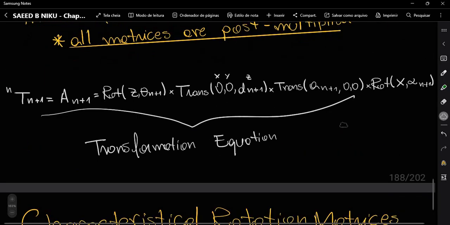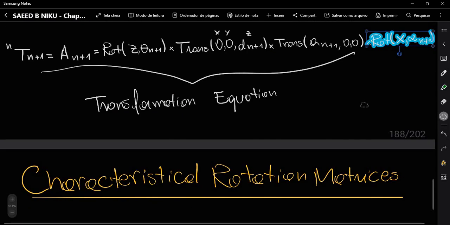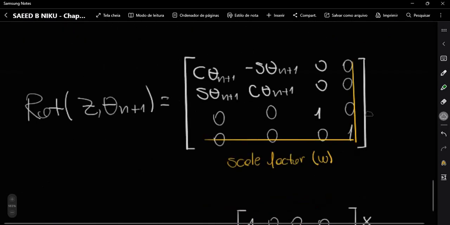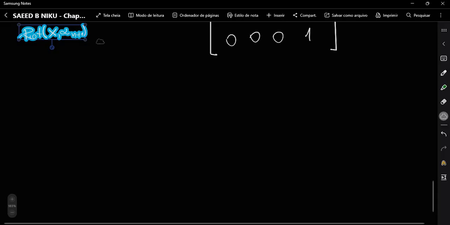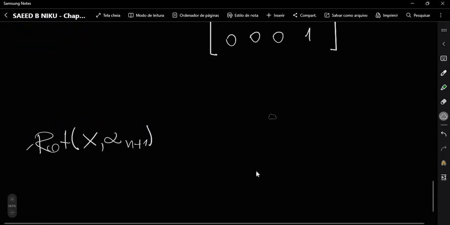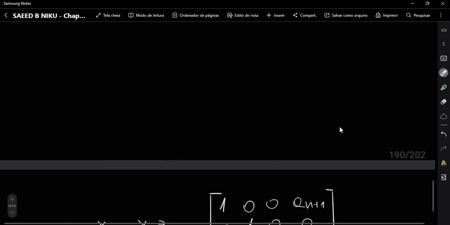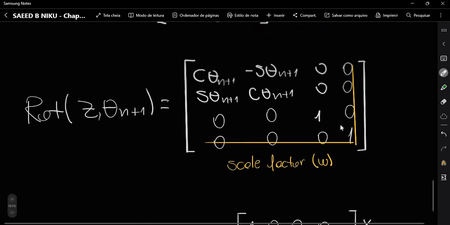And followed by, and as last, another rotation, the fourth motion. Okay, so it is a characteristic rotation about the x-axis.